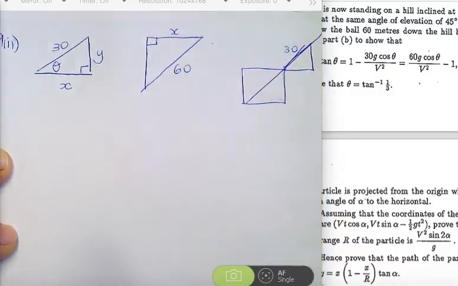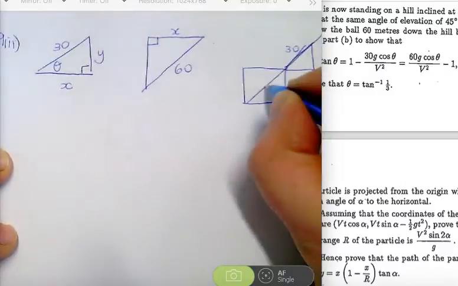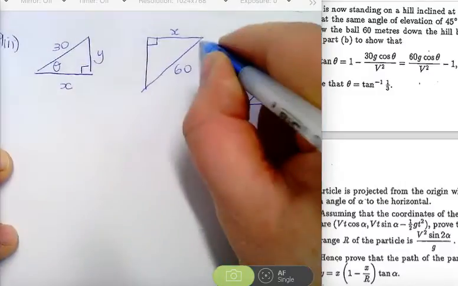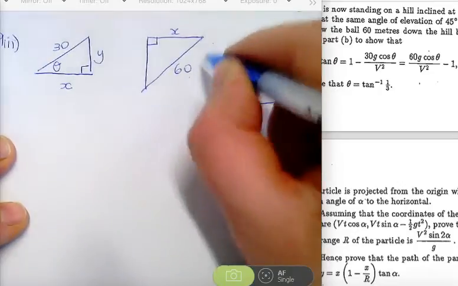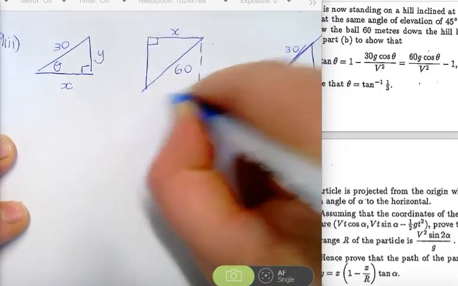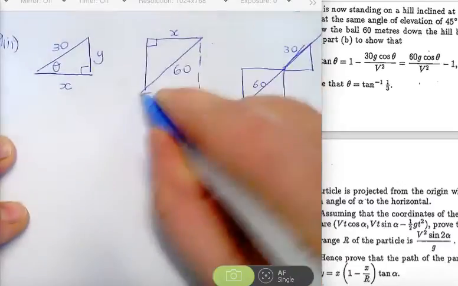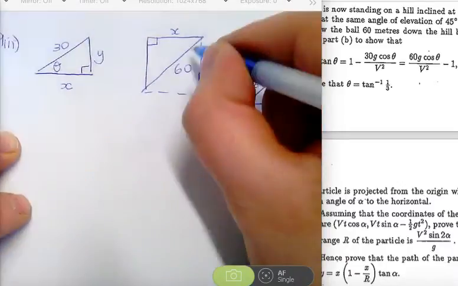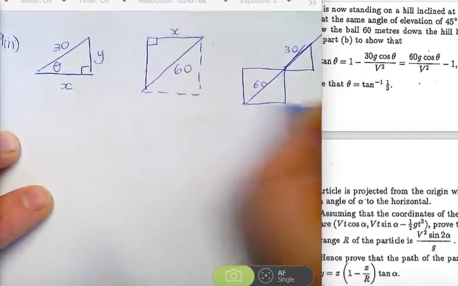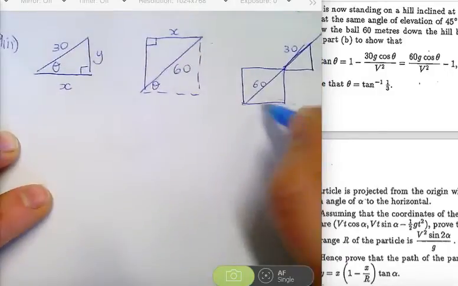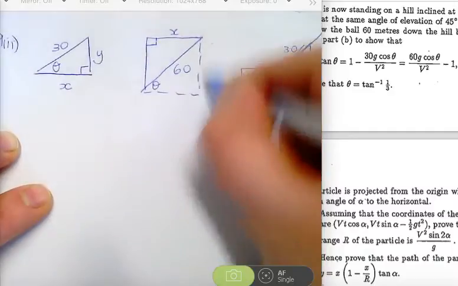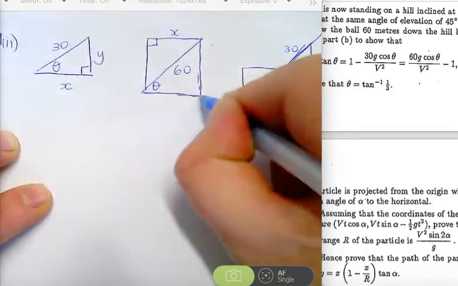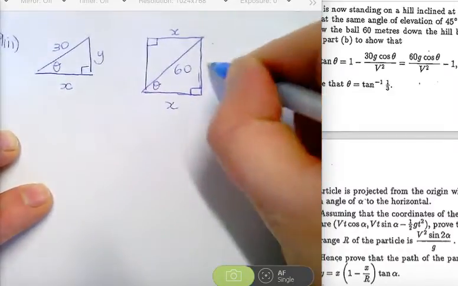Like that or like that is the same. I'm doing it like that because that's the way the ball goes, but it doesn't matter. Which angle's theta? It's this one because that's the hill and that's the angle with the hill. Doesn't matter. Use either X and Y.